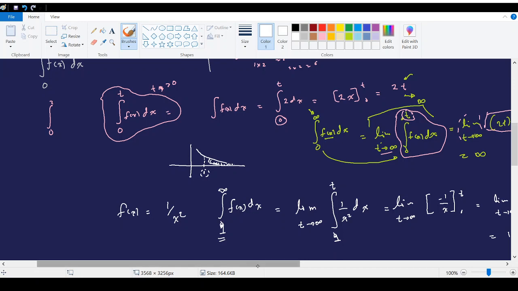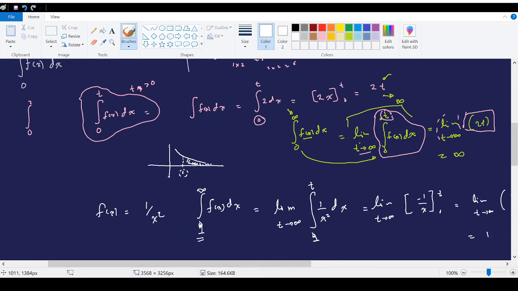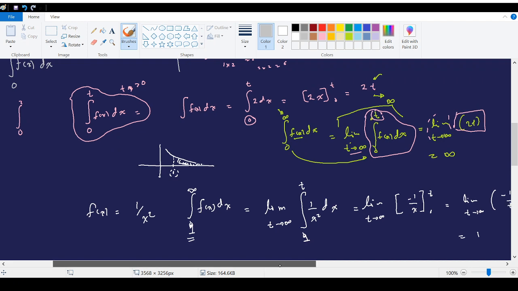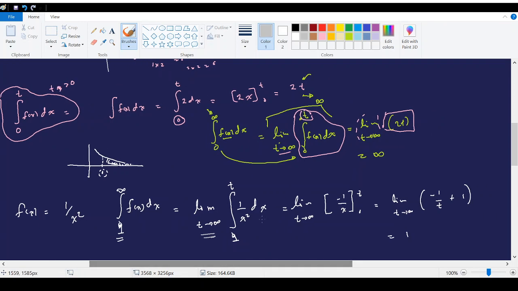Now just see, even though we are computing an infinite area of this graph, by solving this integral as I explained before, that is by considering t as a number and just taking the limit, we can see that the answer will be a finite value, right?